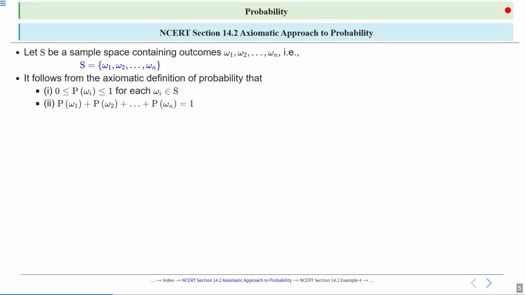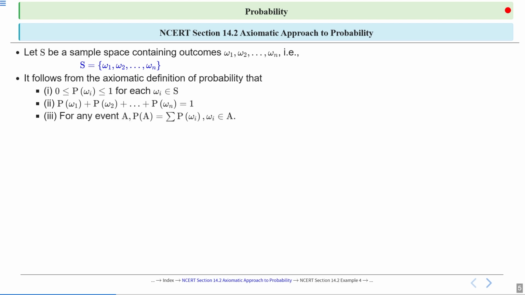And then according to the second axiom, probability of omega 1 plus probability of omega 2 plus dot dot dot plus probability of omega n is equal to 1. In the axiomatic definition we have seen the second axiom, that the probability of S equals 1, and S is the set omega 1, omega 2 up to omega n.